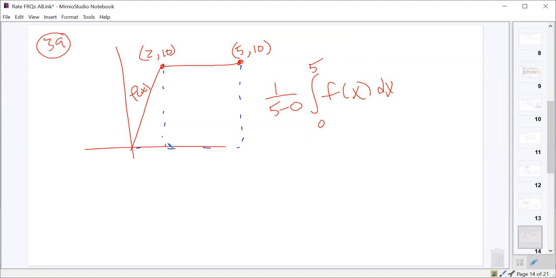Right? 1/2 base times height. So 1/2 of 2 is 1 times 10 is 10. And then this one is 2 to 5 is 3 times 10 is 30. So this tells us that the average value is 1/5 of 40, or 8. Any questions there on 39?